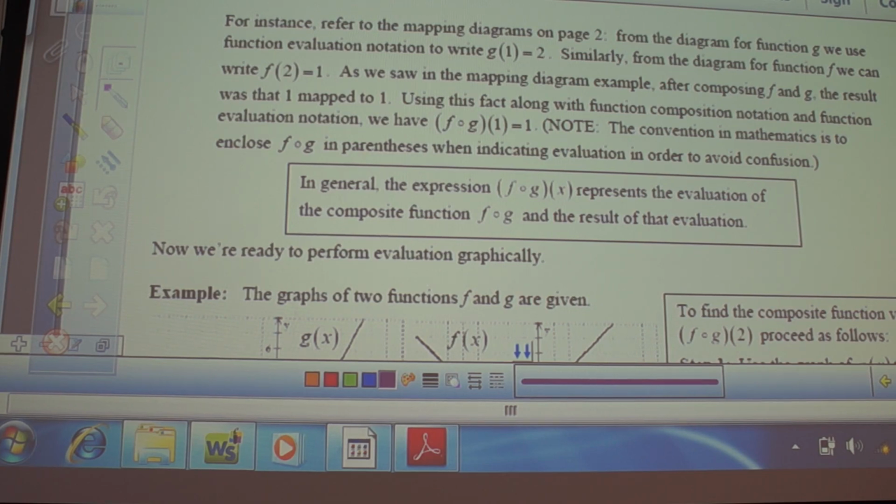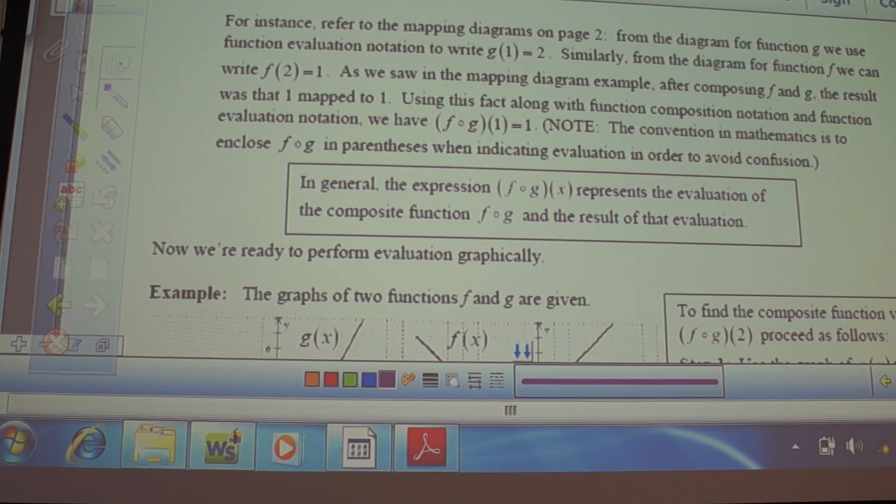As we saw in the mapping diagram example, after composing f and g, the result was that 1 mapped to 1. Using this fact along with function composition notation and function evaluation notation, we have f of g of 1 equals 1. Nice. Note, the convention in mathematics is to enclose f of g in parentheses when indicating evaluation in order to avoid confusion.